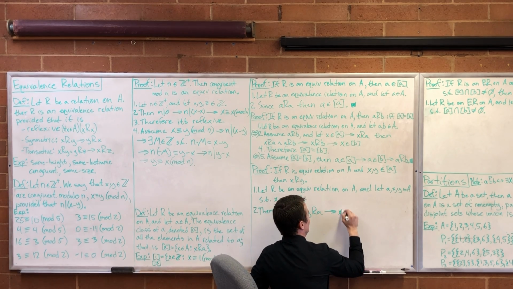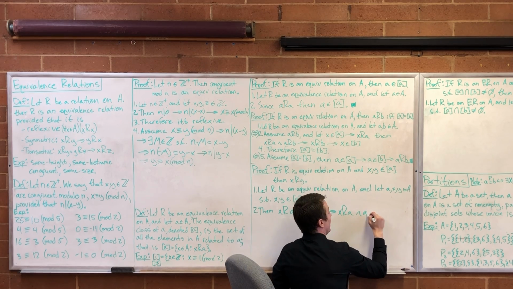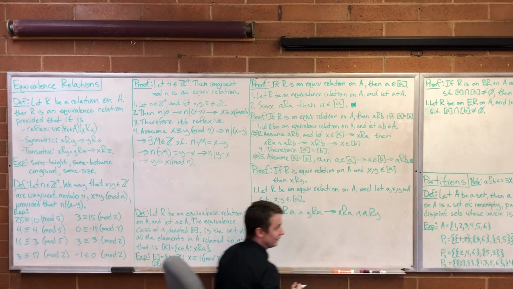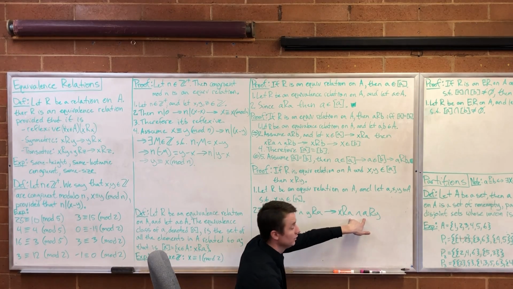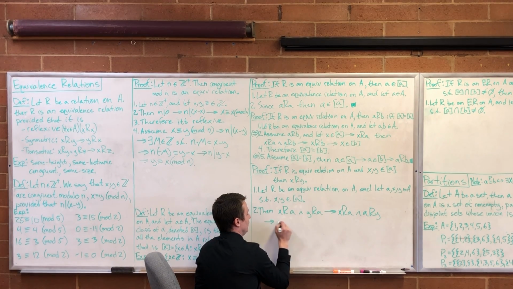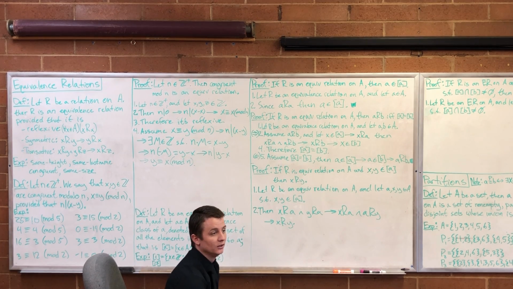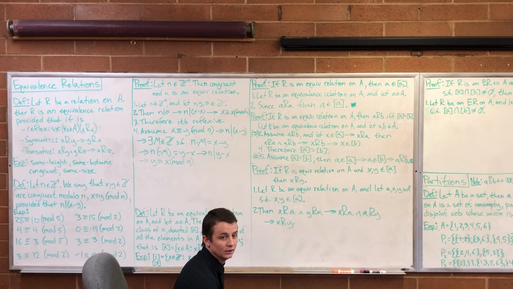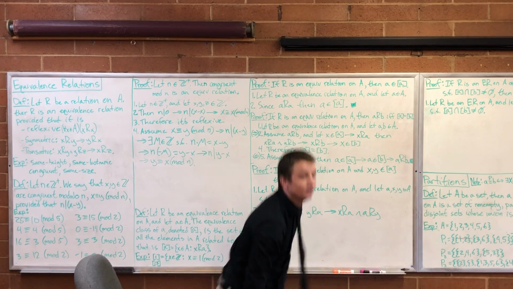So we still have X related to A, but now we have A related to Y since it's symmetrical. And then using transitivity, that gives us X is related to Y. Pretty easy? Okay. Next one?